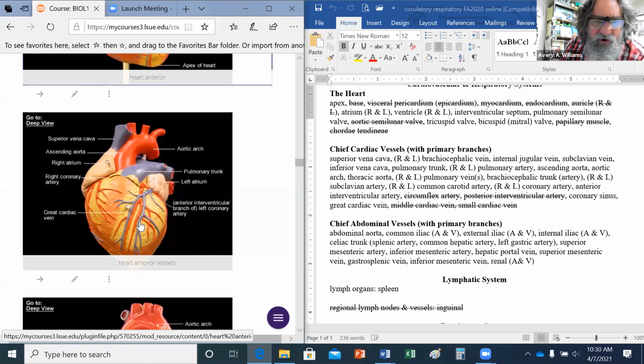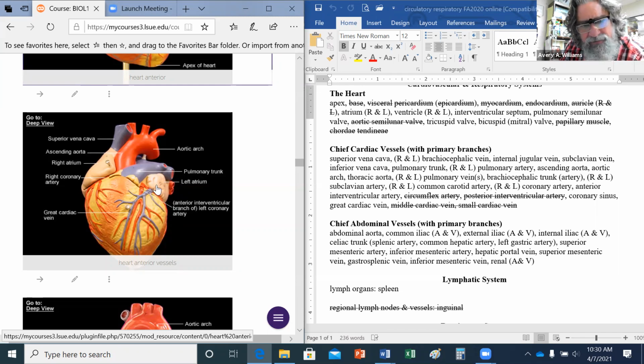The anterior interventricular artery is in the front, and the great cardiac vein, see, it should be way up here. They kind of drew this split a little bit too early, I think. But this is the great cardiac vein here, and it's the anterior interventricular here before they split.